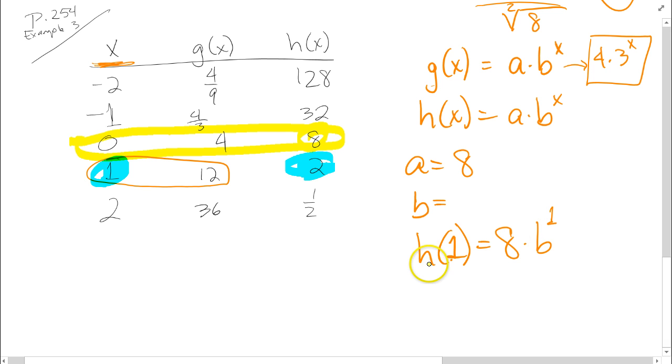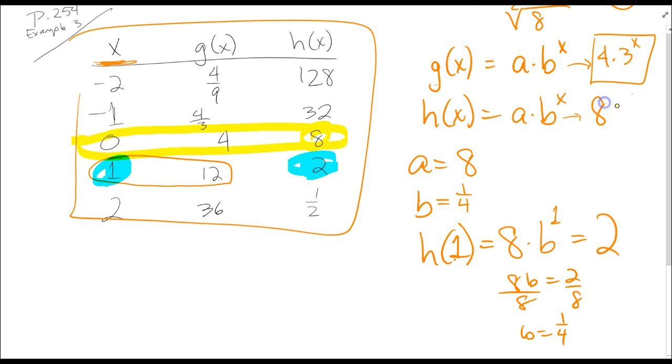So b to the first power, that's just b, and so I've got 8b equals 2. Divide both sides by 8. b is 1/4. Huh, interesting. So I can now write this equation for h of x as 8 times 1/4 to the x power.